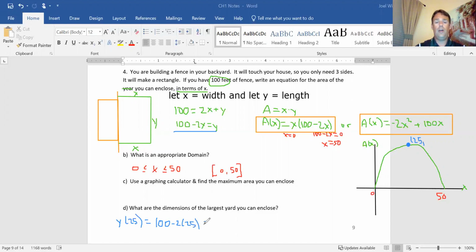In other words, that would be 50. It says yards down here, oh no, the largest yard. Okay, so our dimensions would be 25 feet, sorry about that, by 50 feet.